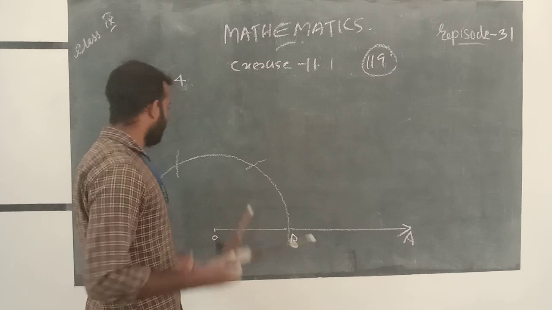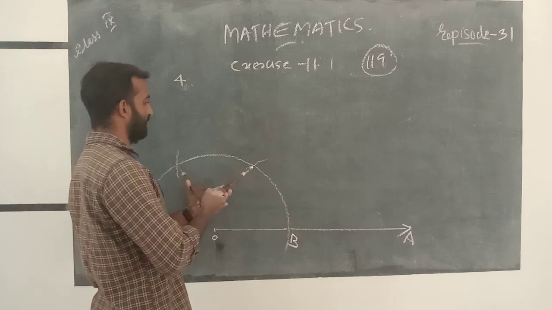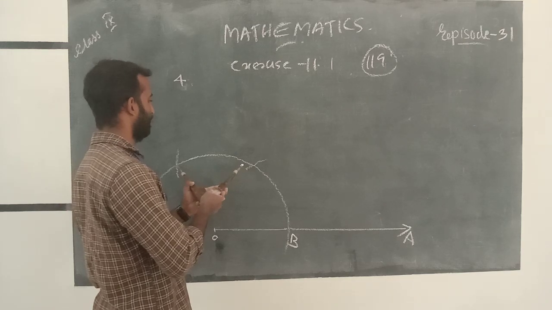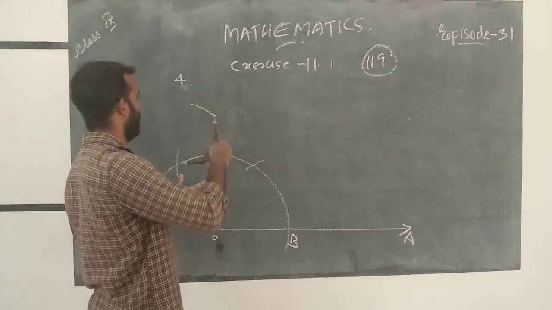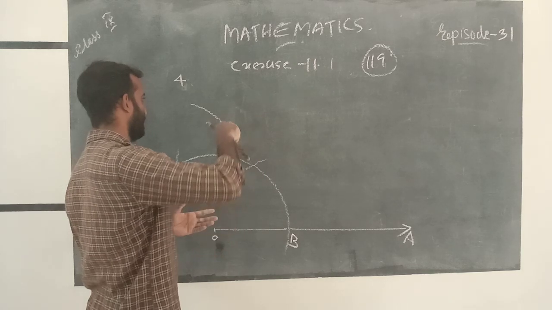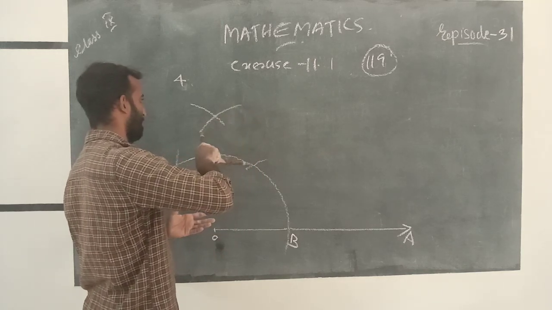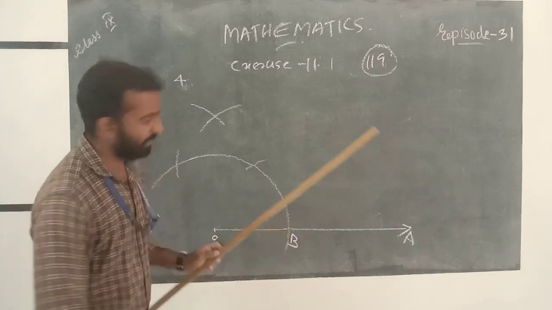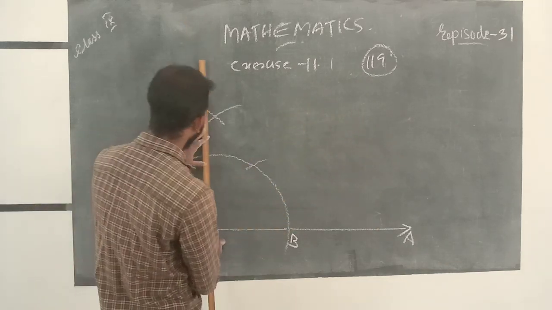We take more than half of this length, and we join these points.